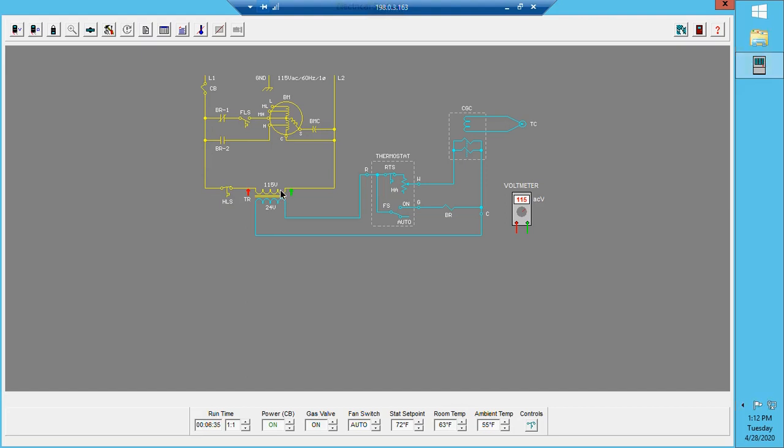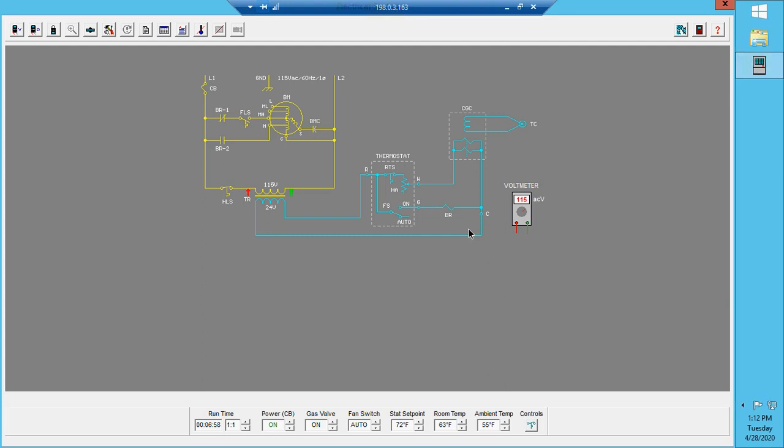Remember, in a transformer, you have both a load and a source. My load, in this case, is my primary side, my 115. So I'm using the electrical energy from the transformer to produce 24 volts so that I can power up the rest of my circuit. I don't have that right now.